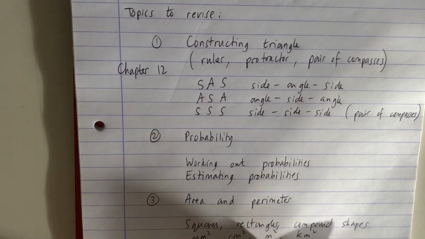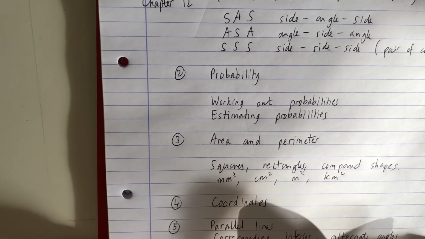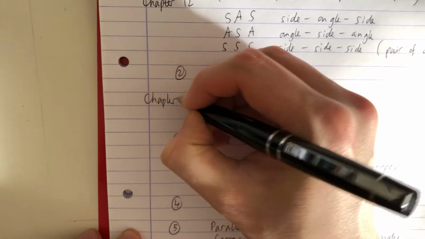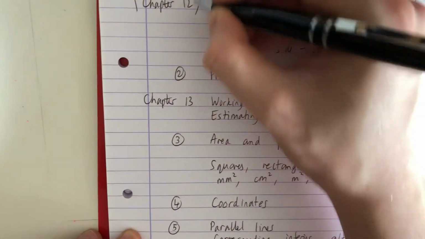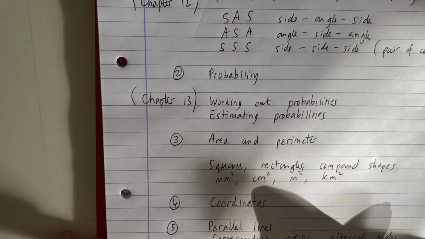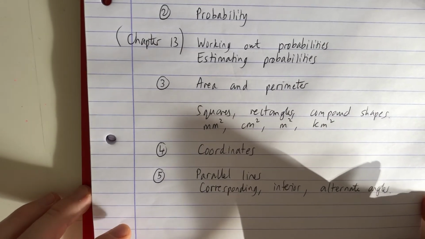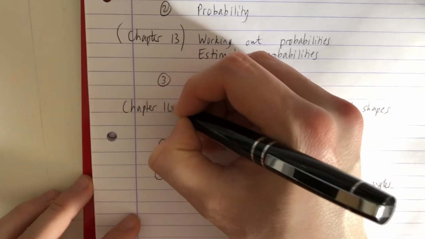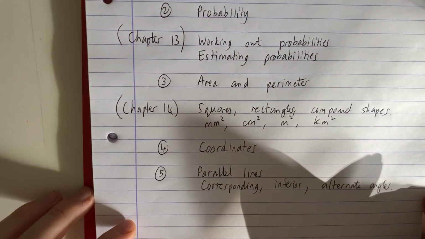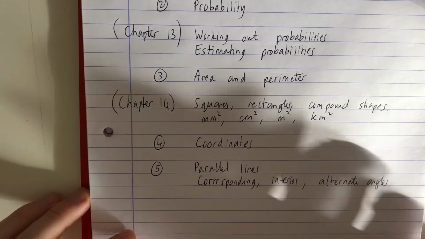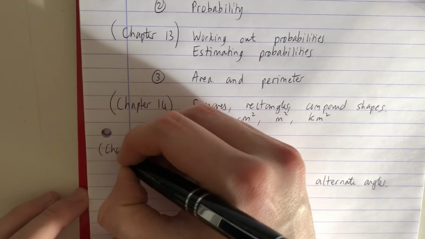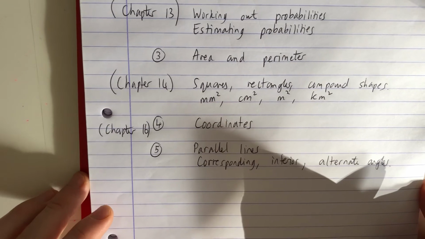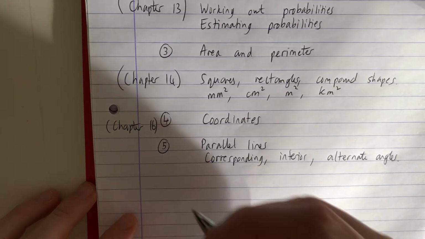Probability is chapter 13. Area and perimeter was chapter 14. Coordinates, the one a lot of people missed, was chapter 16. And we've just done parallel lines, chapter 15.